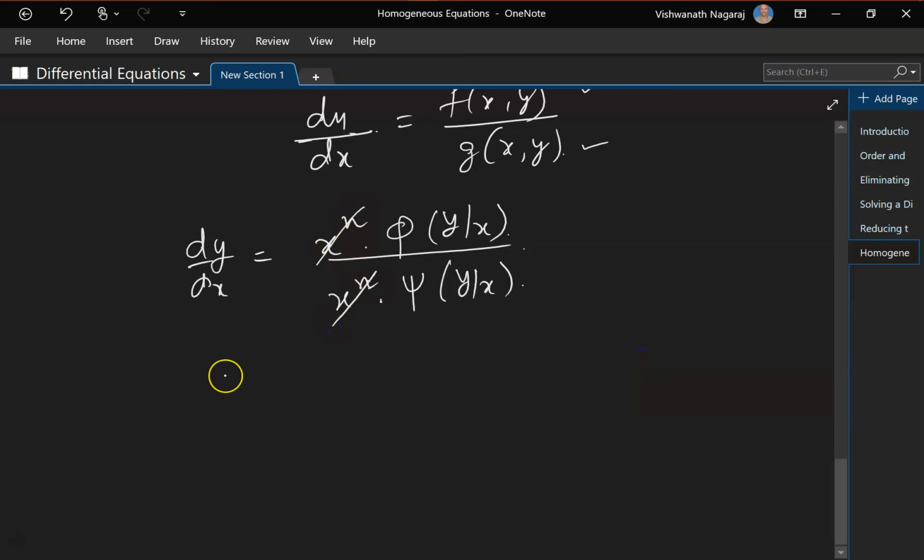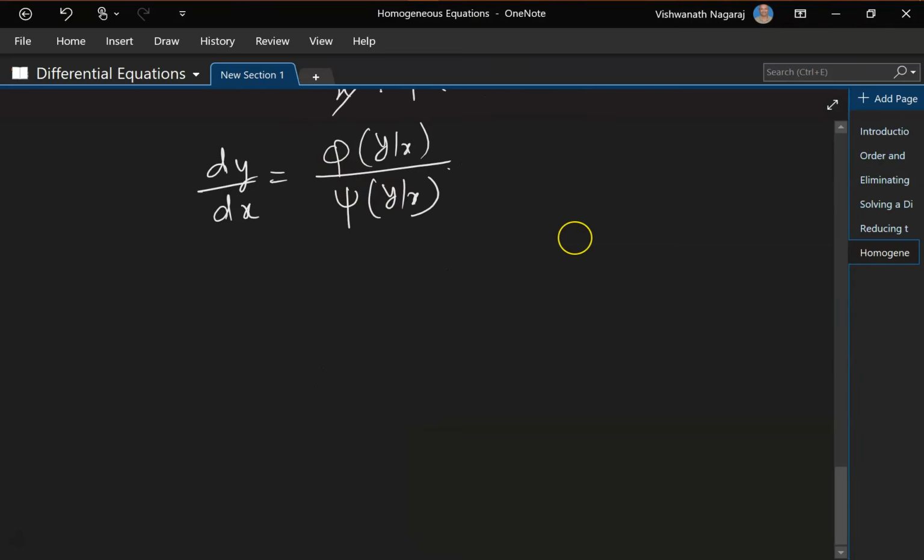These two cancel and we are left with dy by dx equal to phi of y by x divided by psi of y by x.